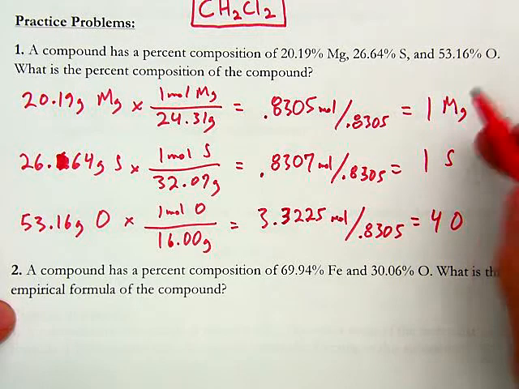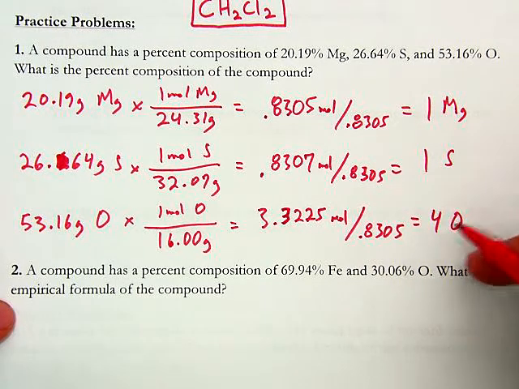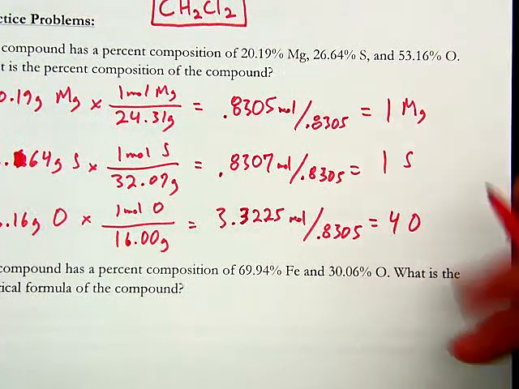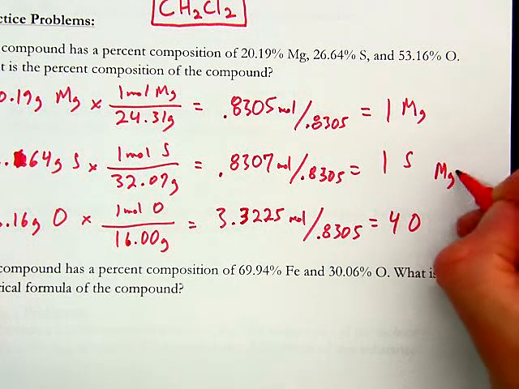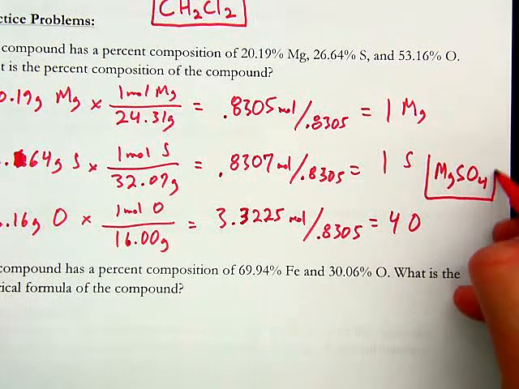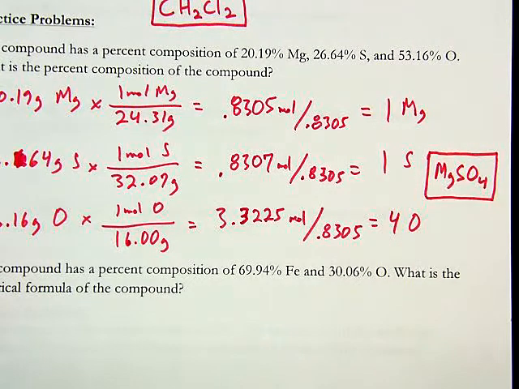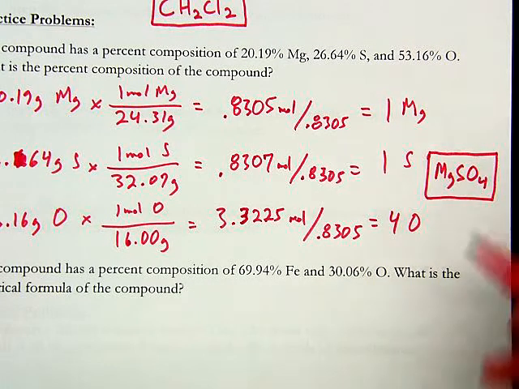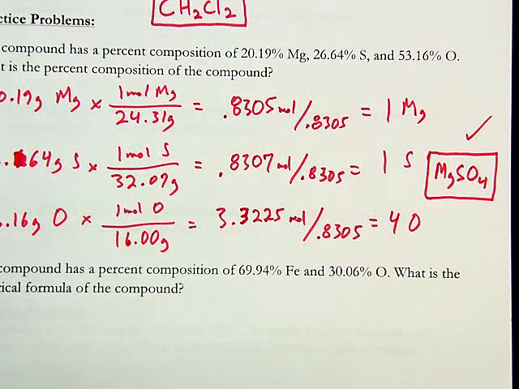So look at that. 1 magnesium, 1 sulfur, 4 oxygens. If we're writing that out in terms of a chemical formula, that is MgSO4. Magnesium sulfate. Magnesium's +2, sulfate's -2. It's a neutral compound. Ta-da! That's our empirical formula.